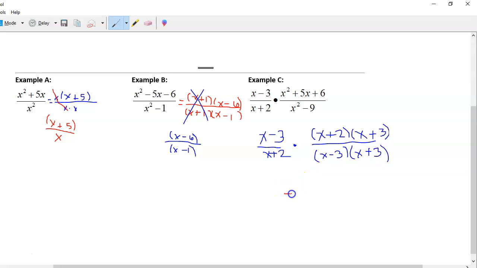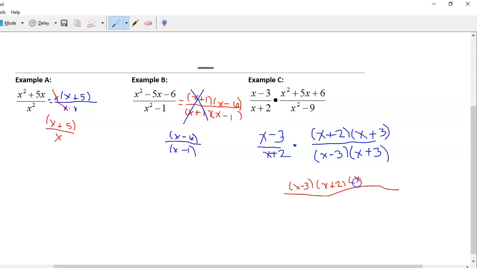I'm going to use another color. I'm going to smush this all together. In the numerator, I'll have this x minus 3 times the numerator of the other rational expression, x plus 2, times x plus 3.